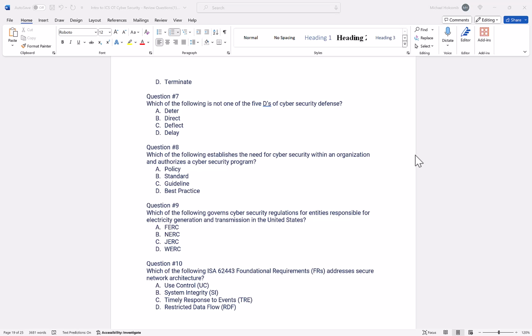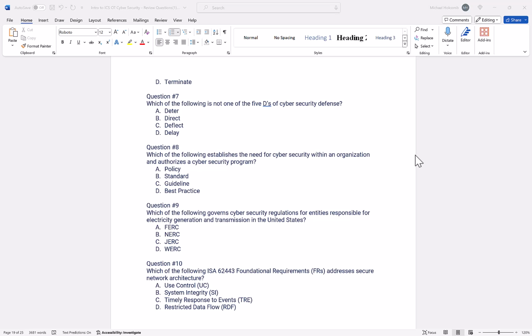Question number 8, which of the following establishes the need for cybersecurity within an organization and authorizes a cybersecurity program? Remember, cybersecurity within an organization starts with the policies. If you do not have a policy, you do not have cybersecurity, right? You have to have that policy authorized by the highest authority in the organization that says all of our employees and our partners, right, and contractors, you're going to do these things and you're not going to do these other things, right?